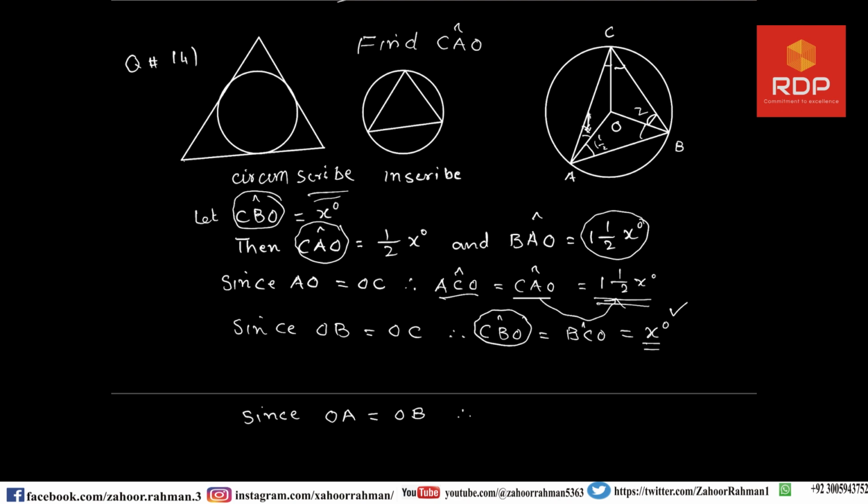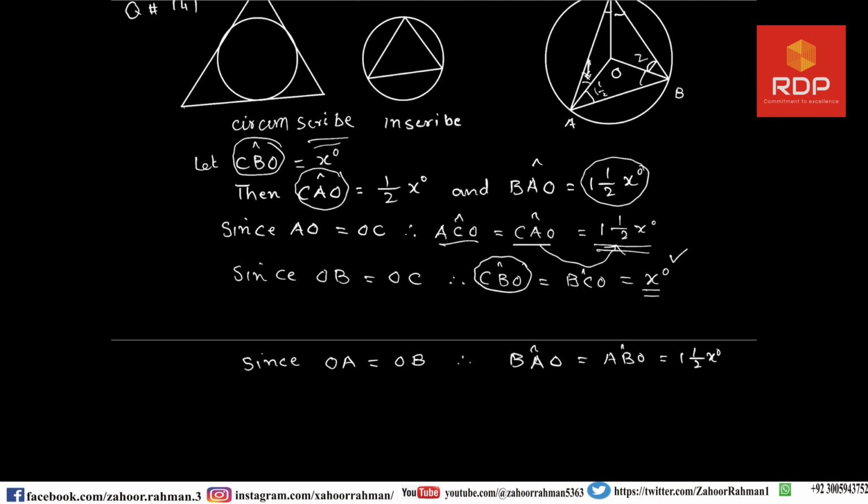So with this we can say that BAO is equal to ABO, and both are equal to 1/2 x degree.